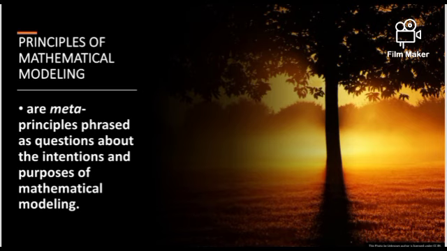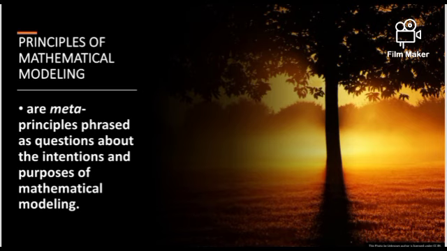Mathematical modeling is a principled activity that has both principles behind it and methods that can be successfully applied. And as I said, the principles are meta principles phrased as questions about the intentions and purposes of mathematical modeling.